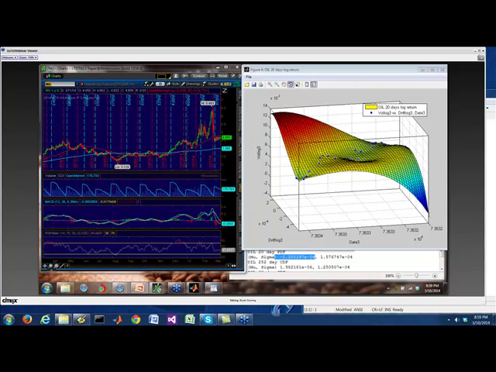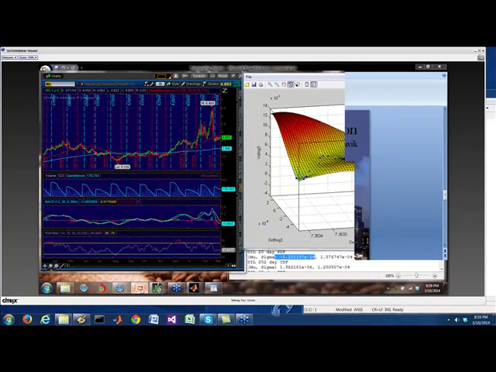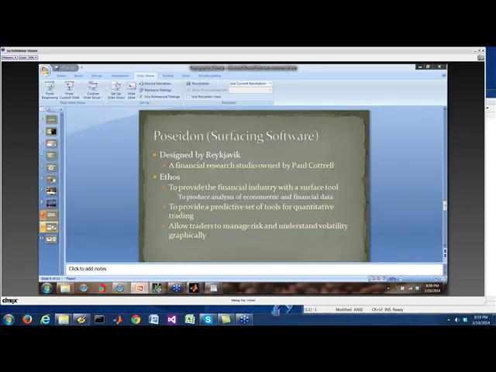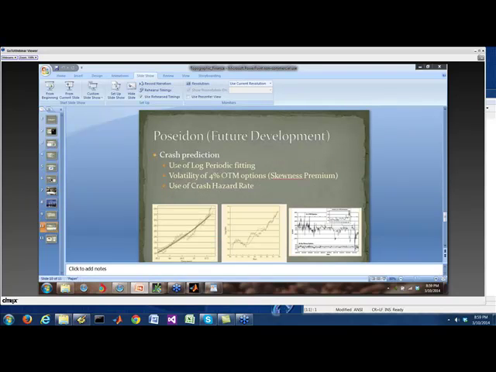Two comments came up. Dave asked, what help do you need to make Poseidon better? Well, the goal of Poseidon is to move it towards, I'm going to show you a PowerPoint here. I'm moving it towards this law of periodic fitting, using out of the money options as another metric.